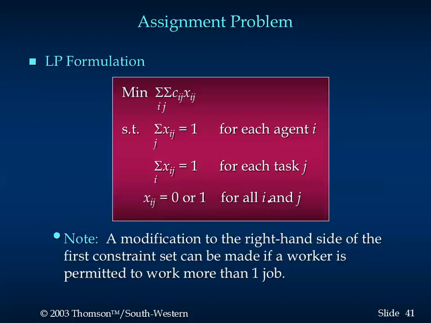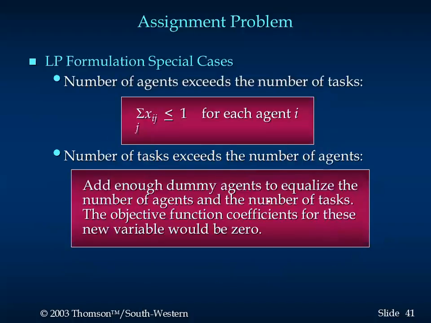The summation over all jobs for each worker i is 1, and the summation over all workers for each job j is also 1. So one worker has to be assigned to each job, and one job to each worker. We'll see how to do that in Excel shortly.